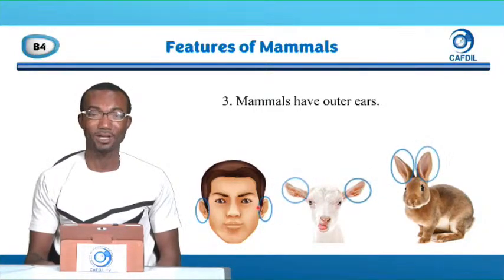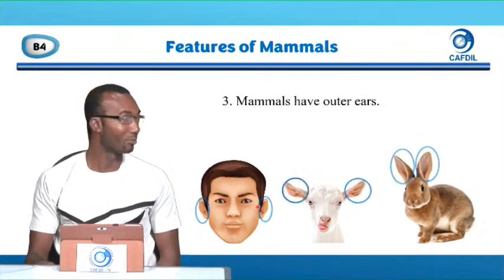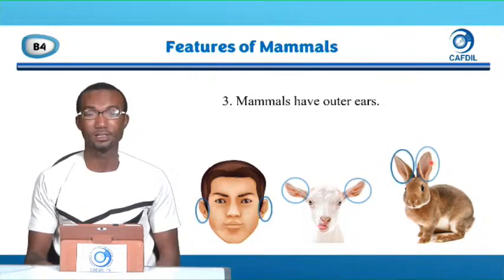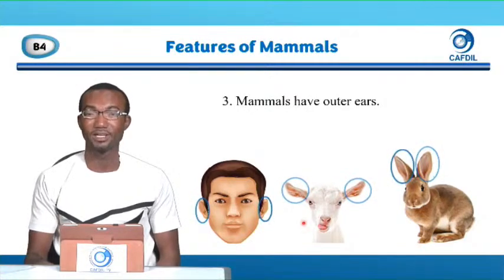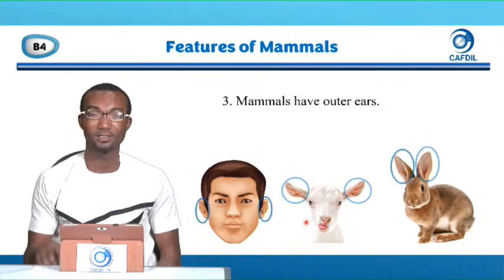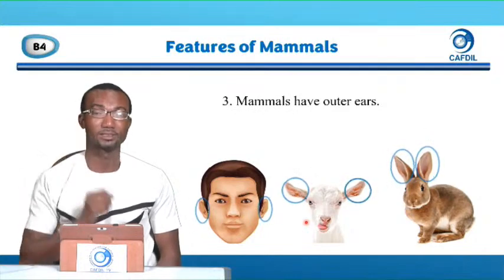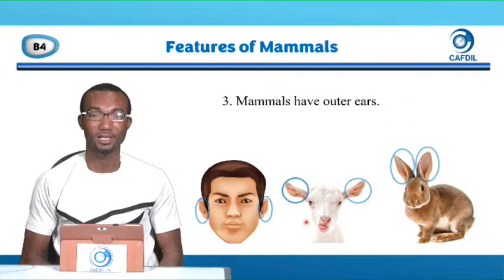Insects do not have outer ears. I haven't seen a mosquito or ant with ears like what you see on the screen. But mammals have outer ears as you see on the screen. It's one of the features of mammals. They have outer ears. You can see and then touch it. So that is another feature.